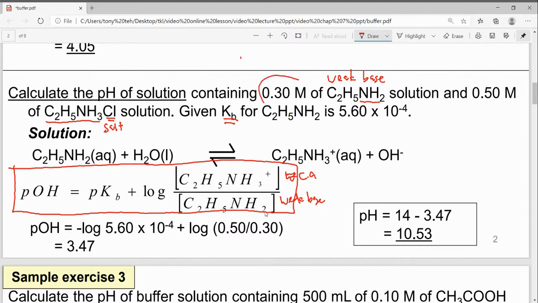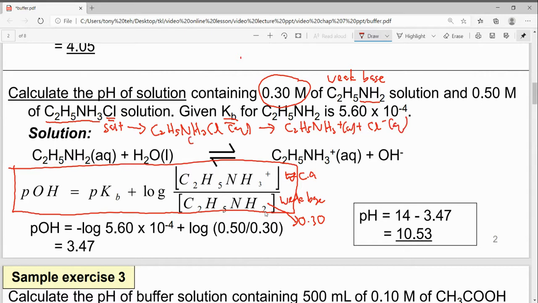We have weak base information 0.3. Same thing as well: because this is a weak base, if it dissociates we only have very little conjugate acid ion. So where do we take the concentration from? We take it from the salt, because the salt will completely dissociate. So we will get C2H5NH3 plus and Cl minus ions.